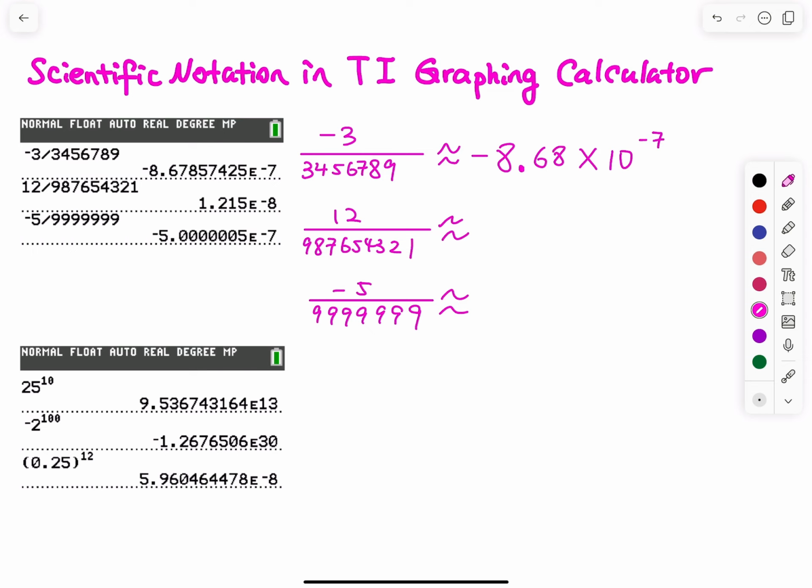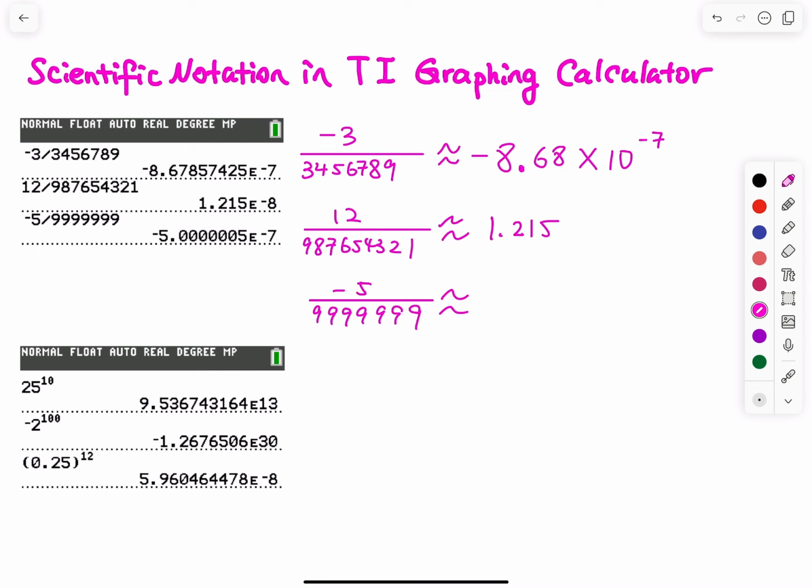All right, the next one, you have 12 divided by a large value. That is approximately equal to 1.215 times 10 to the -8. This time I keep 3 decimal places.